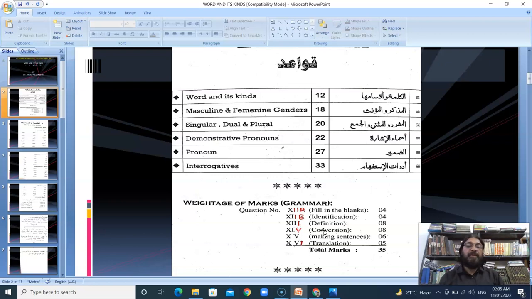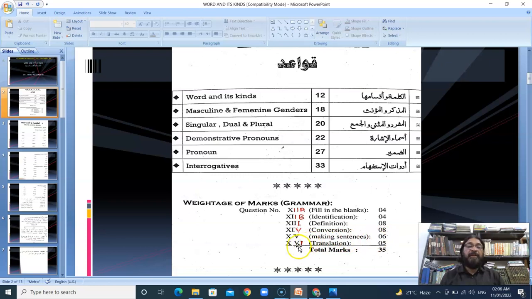If there is any word with alif lam, you have to remove that one. And if there is any word without alif lam, you have to prefix the alif lam. So in bit number 14, you will get 8 marks. Then after, bit number 15, making sentences, some words will be given. You have to make the sentence by using those words. So for that, you will get 6 marks.